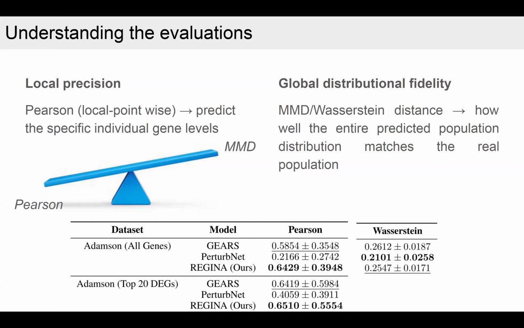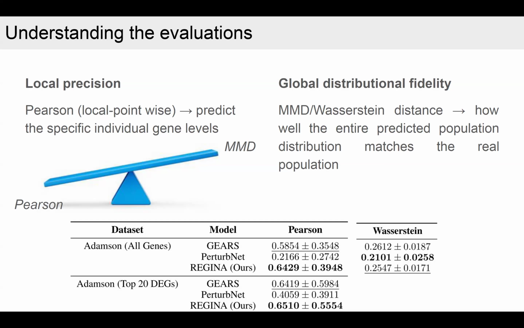There was the local precision matrix and the global distribution matrix. For example, for the local, we use the Fiam, which is for the local point-wise precision. It is for when predicting specific individual genes' expression, and this is a mean function.